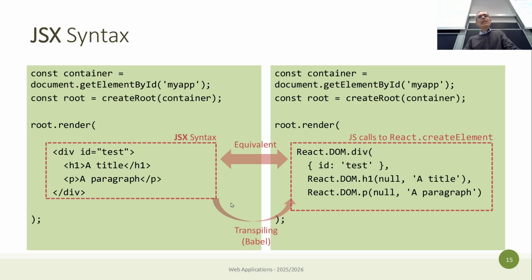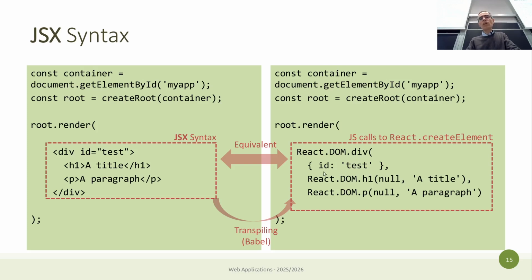And there is a mechanism to do automatic translation, which is called transpiling here, into calls to the React function that creates the corresponding components of React and corresponding content, attributes, and so on. Okay? So React DOM div, all the default HTML elements have a corresponding component already defined in React.